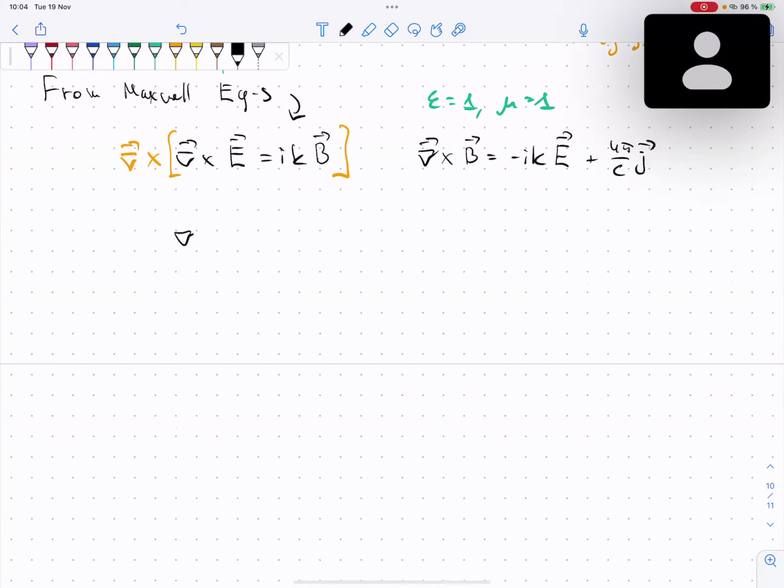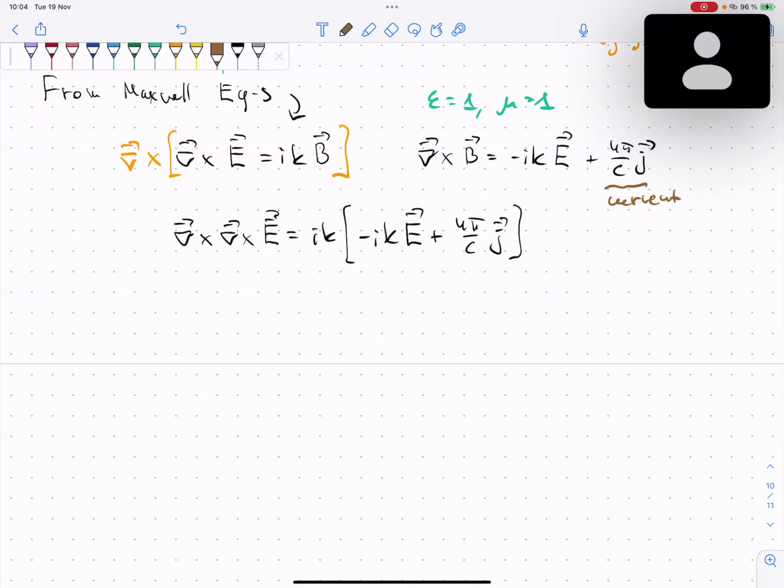So we will have something like the curl of the curl of the electric field equals ik times the curl of the magnetic field, which is just minus ikE plus 4π over c J, which is just some current. In this case, it's the source in our equations.